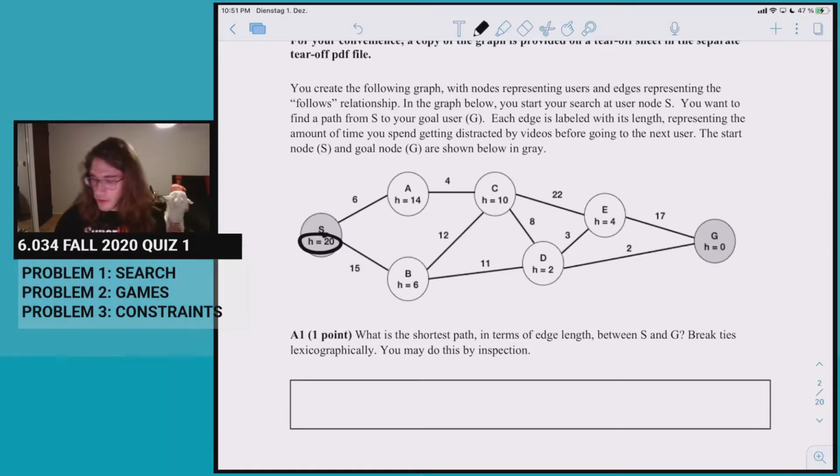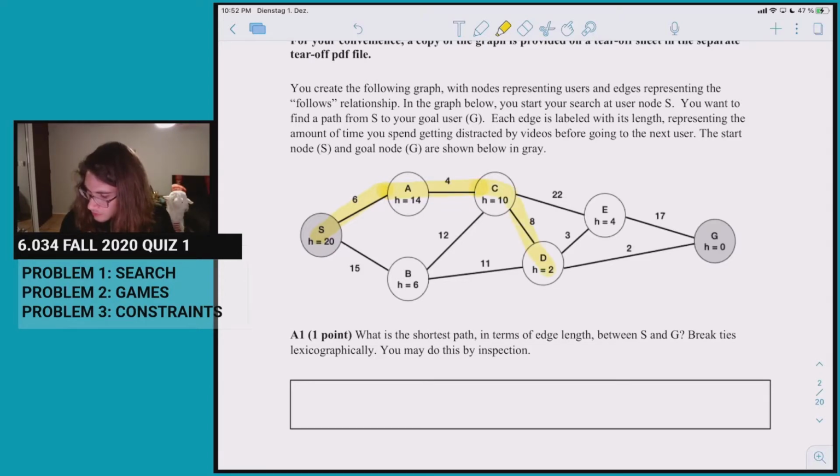Important for this test is for you to know how to check for admissible and consistent heuristics. In this particular problem, it doesn't really matter because we're just looking for shortest edge length, so I'll just adopt a greedy approach. I'll use a highlighter to trace more or less where my eyes are going. This is the shortest path I've seen so far: 6 plus 4 is 10.